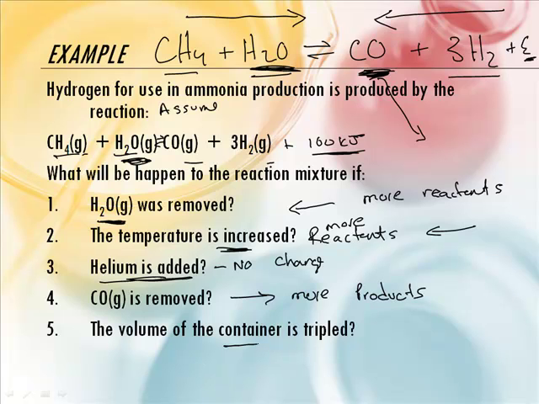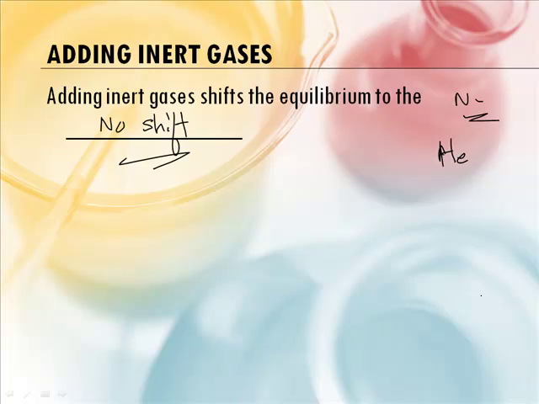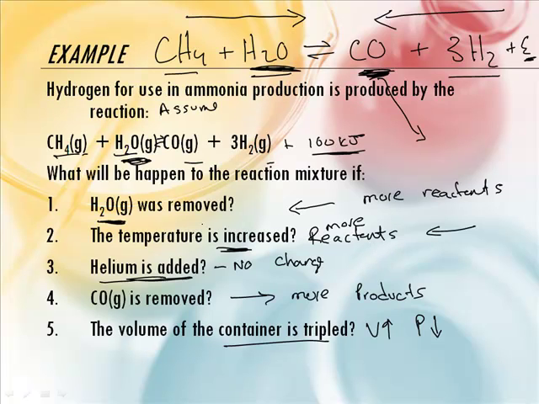And if the volume is tripled, now when volume goes up, this is actually a tricky question, the pressure goes down. So lower pressure means it will go to the side with the most moles of gas. Let's take a look at that. So which side has more moles of gas?